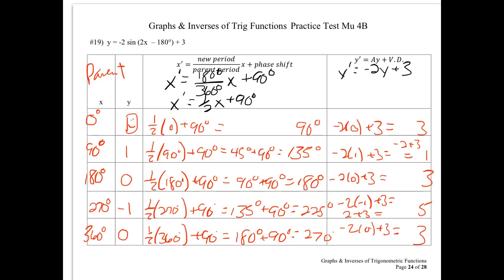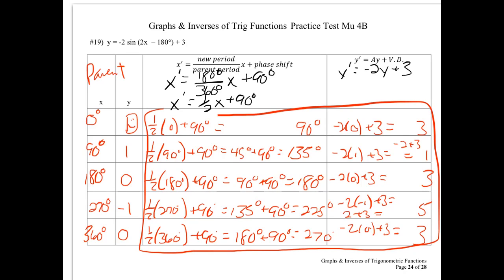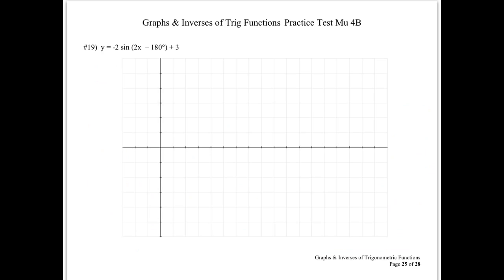Now I have to graph this. And I made the mistake. I always have you use different colors. This here would all be in black. Graphing this, our y values went up as high as 5, so I'm going to go up vertically, up by 1s.